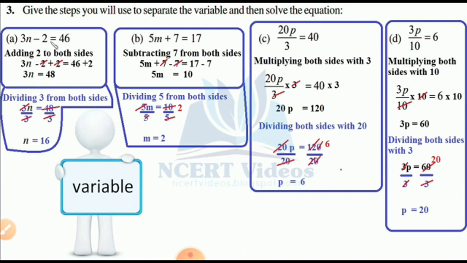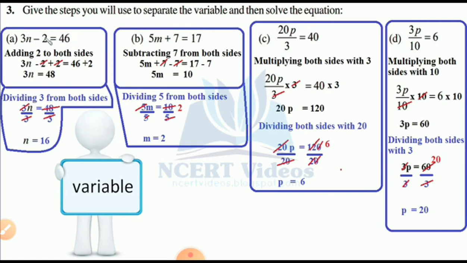Solution is here. Minus 2, that means add plus 2 to both sides. Now I am having 3n is equal to 48. Next step I want to do again. In previous questions only one step answers, here 2 steps are there. 3n is equal to 48. So dividing 3 on both sides, I can get n is equal to 16.